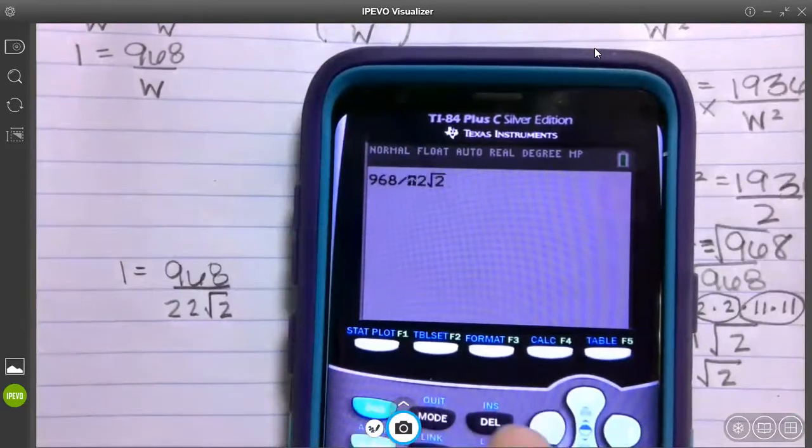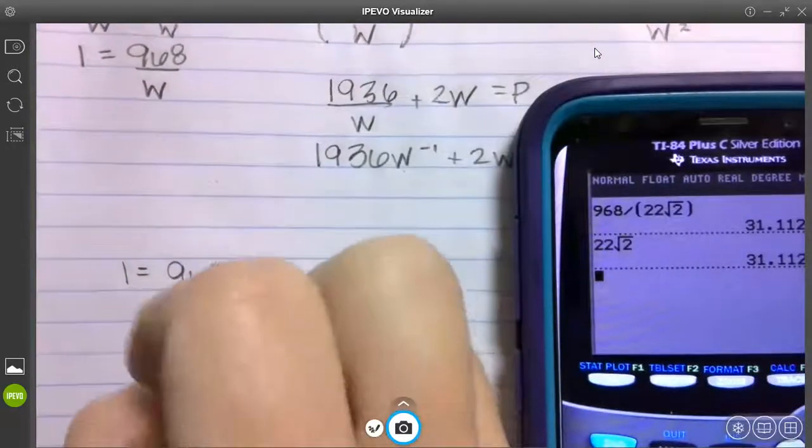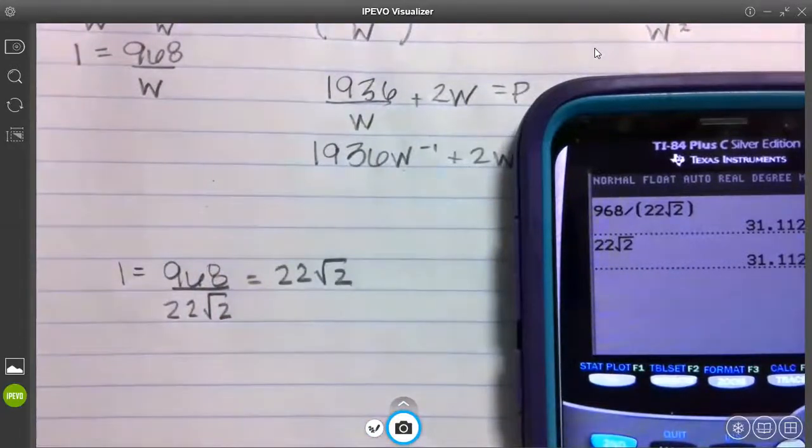I want to make sure I put that in parentheses. That still gives you the same decimal right there. So that's where the 2 comes from. So when you can simplify this, your length and width are exactly the same. I'm not going to go through the steps of simplifying it just to save you some time because you already know the answer, but I wanted to show you where the length was.